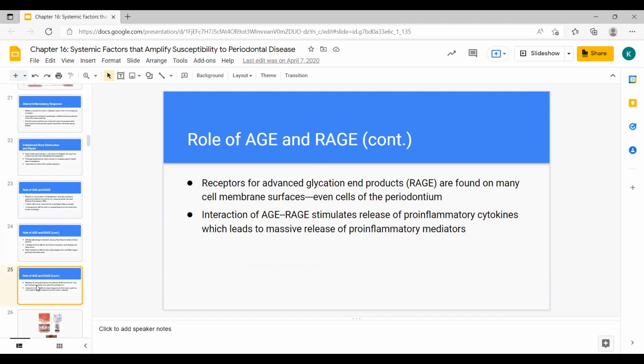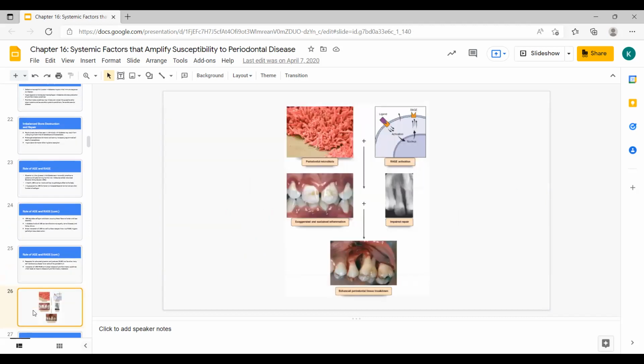Interaction of AGE and RAGE stimulates the release of pro-inflammatory cytokines, which leads to massive release of pro-inflammatory mediators. So this is showing the periodontal microbiota, RAGE activation, impaired repair, and enhanced periodontal tissue breakdown. Exaggerated, sustained inflammation, okay?